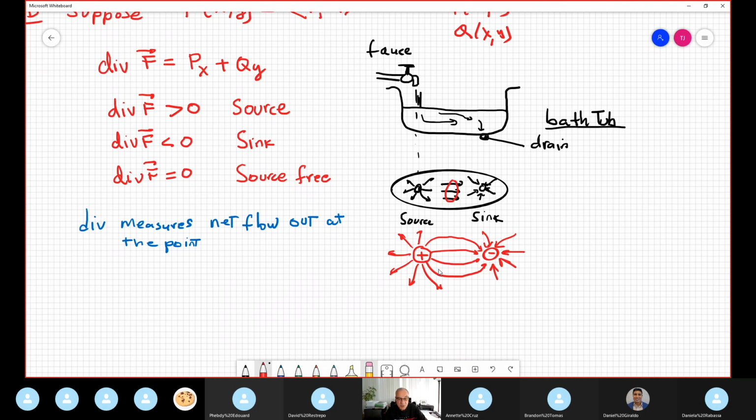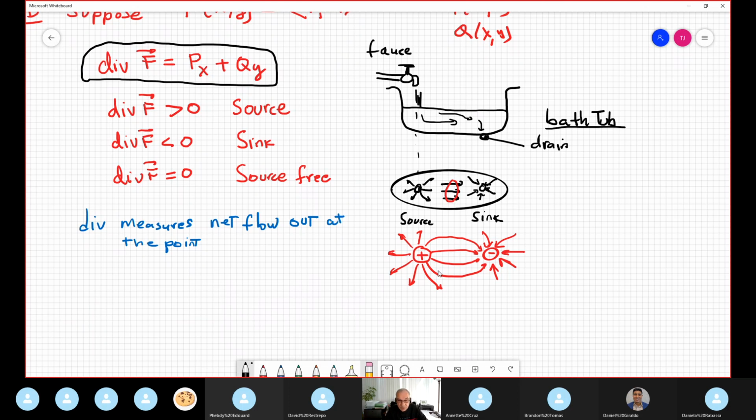Do you get the idea for the divergence? This is the definition. This is the formula. I promise we will do several examples today to understand the idea, and you will see in one animation I have prepared for you when it is a source, when a sink, or when it is source free.